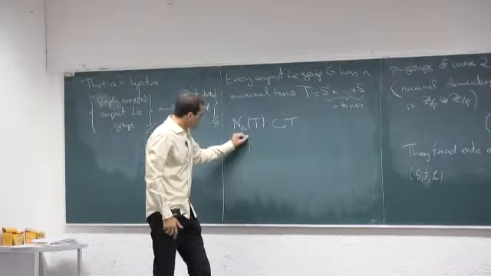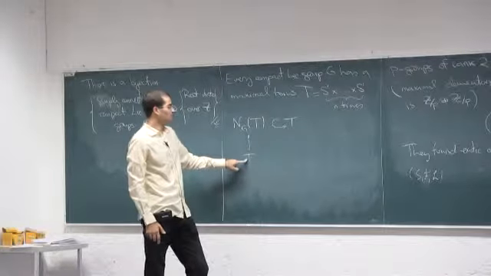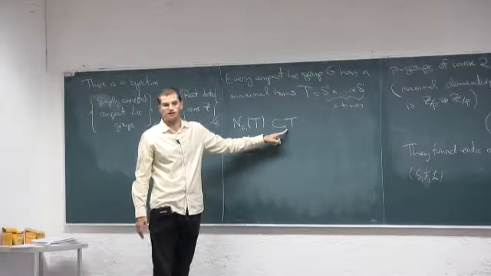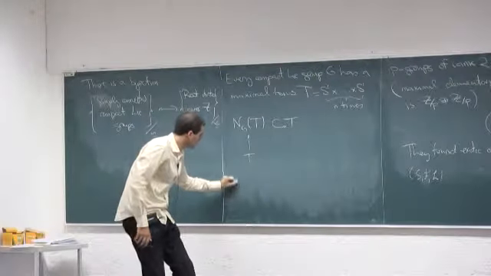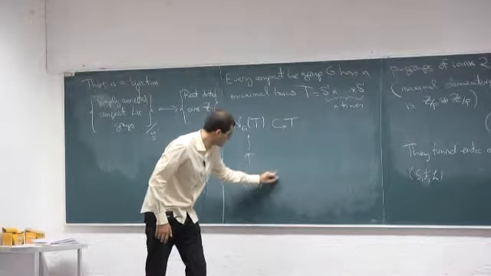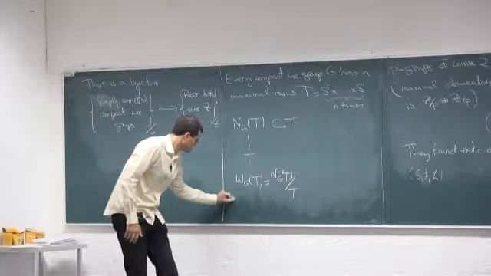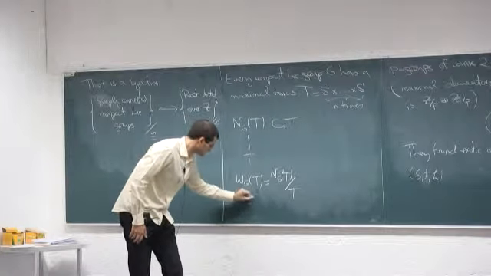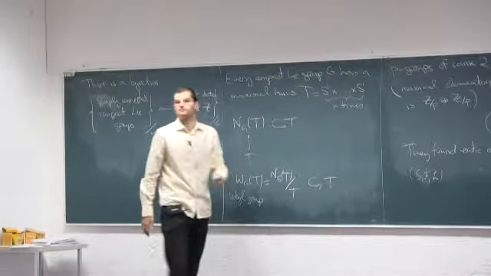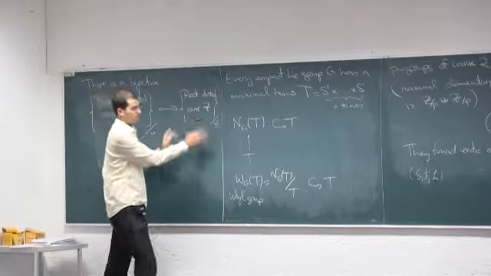Now, inside the normalizer we also have T, but the action of T on itself by conjugation is trivial, because the group is abelian. So this action also gives me an action of the Weyl group, which is this quotient, on the torus. Right? So actually, this combinatorial information is coming from this action.